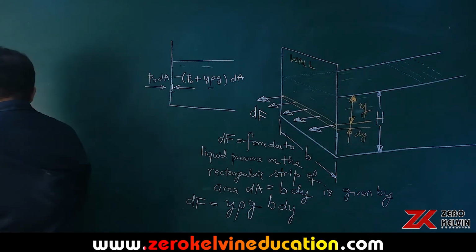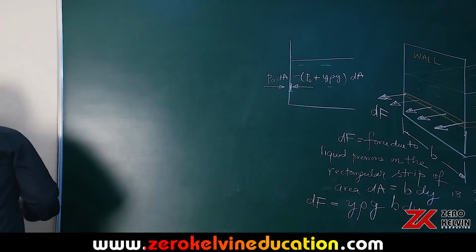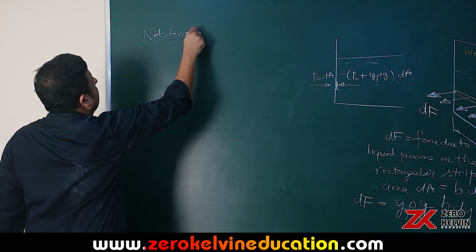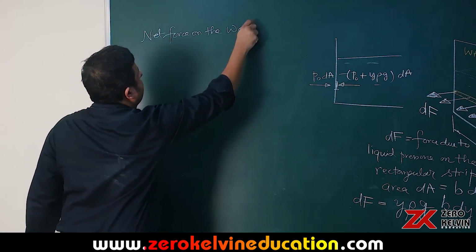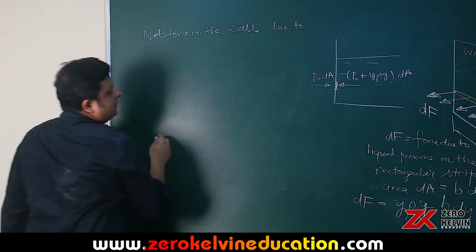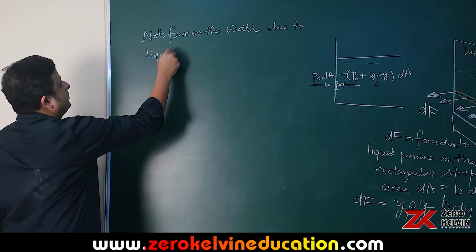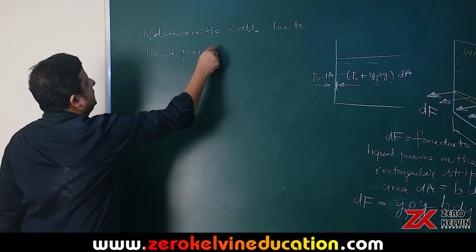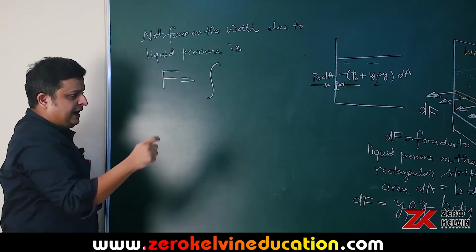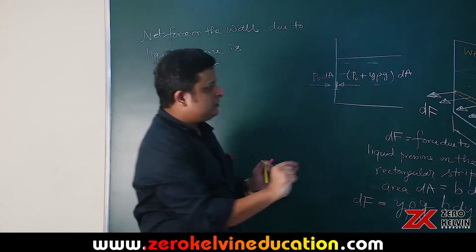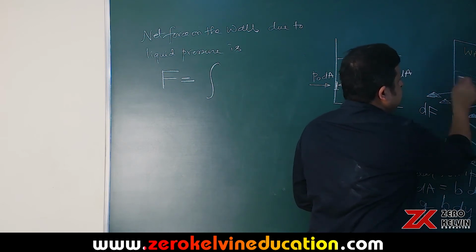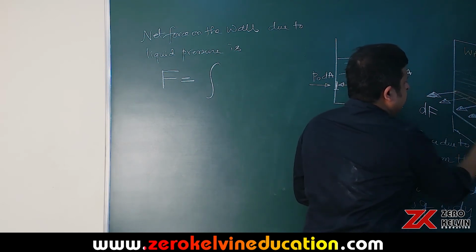So the net force on this wall due to liquid pressure is F, now we add on these dFs. Consider these small rectangular strips, and you just add on the forces.